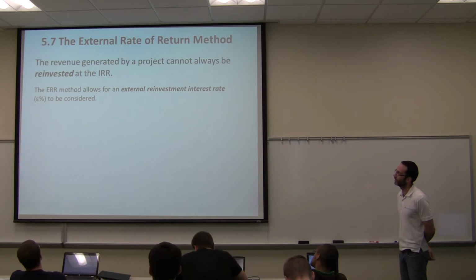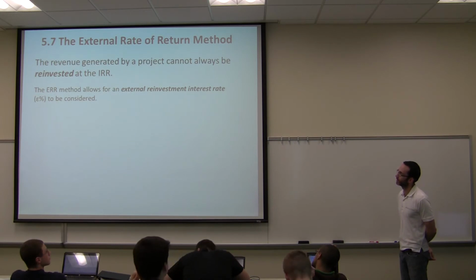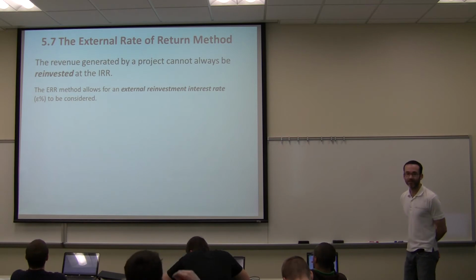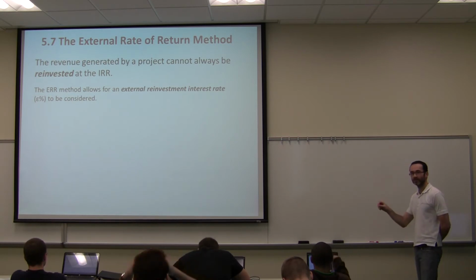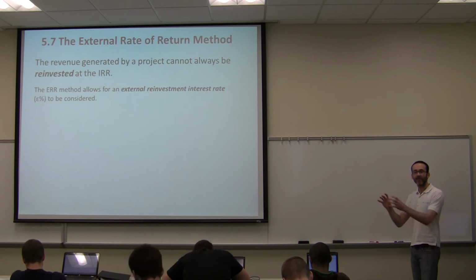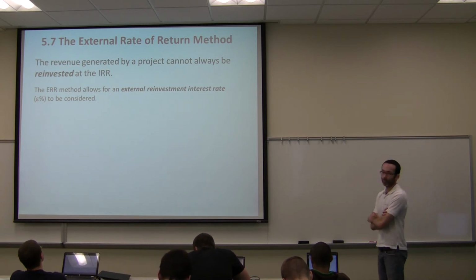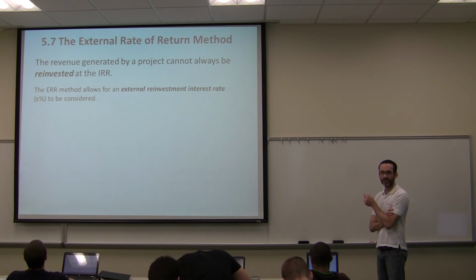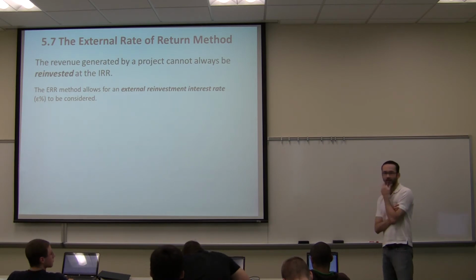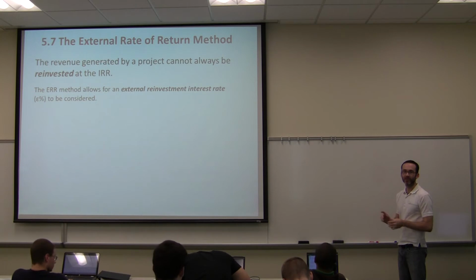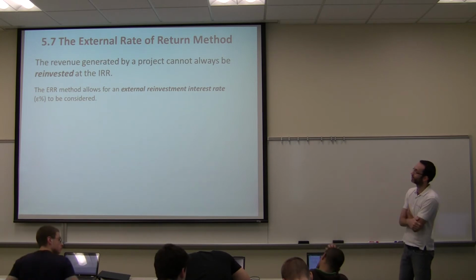That little symbol there looks like a weird cursive italic E, epsilon. That is the interest rate. You can write this down in your notes. This is that savings account that all the cash gets put into. It's the money that is being reinvested somewhere. It is the rate that it is saved at. So if you owned a housing complex and all of your revenues went into a CD, then the interest rate from the CD, that's your external reinvestment rate.